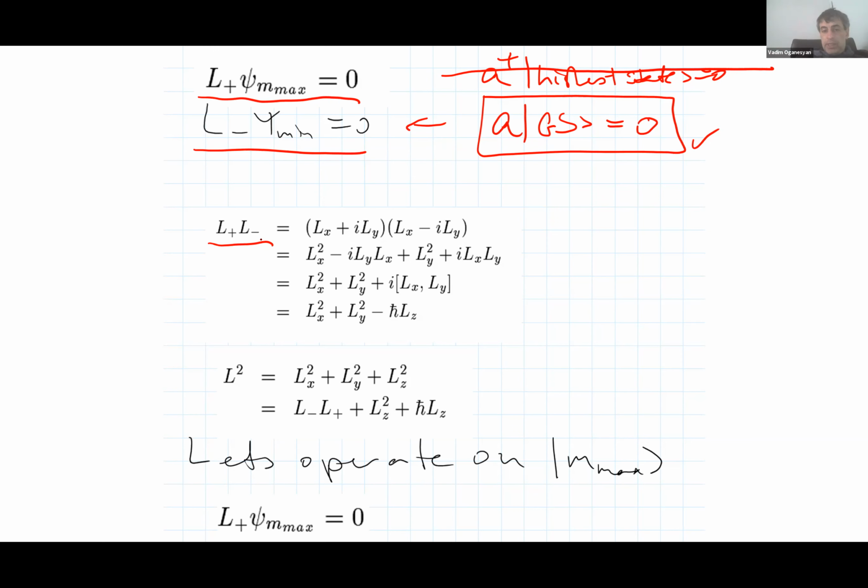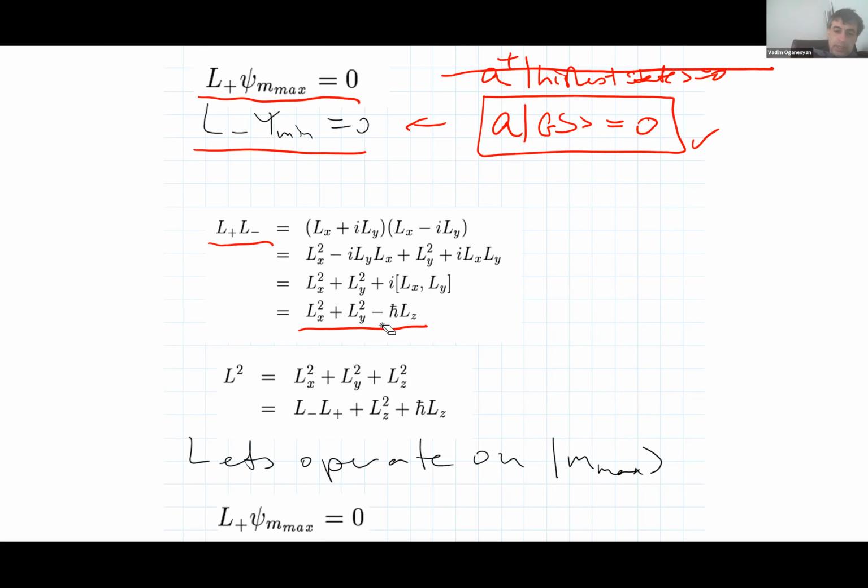And again, we're going to play the same game. We're going to take these plus and minus operators and try to relate them to L squared and LZ. It's a little bit of massaging math. So this is the answer we want.